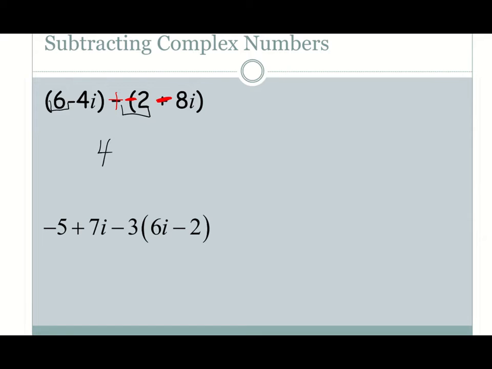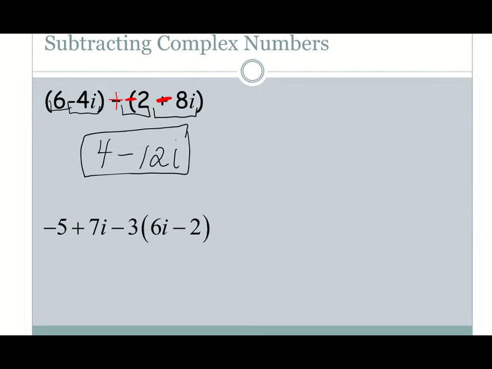And then I have -4i plus -8i, which gives me a -12i. So 4 minus 12i is my answer. It's my complex number, which was like that a plus bi. So I have 4 minus 12i.